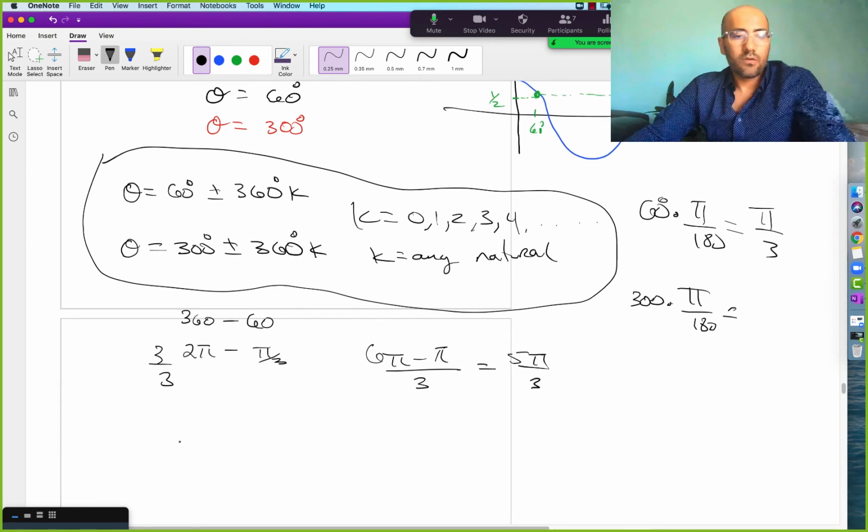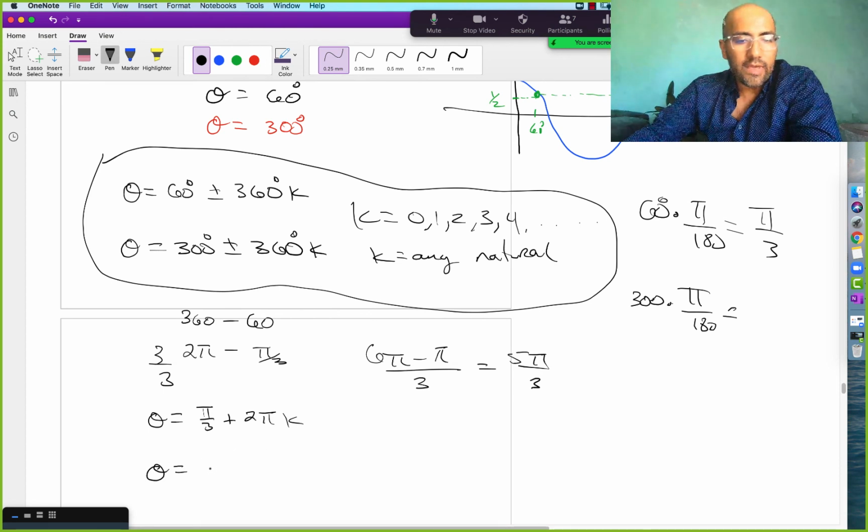Okay, so from that, we can put it all together and say theta equals pi over 3 plus 2 pi k, and theta equals 5 pi over 3 plus 2 pi k. And notice that I just put pluses this time, so now I'm letting k be negative.